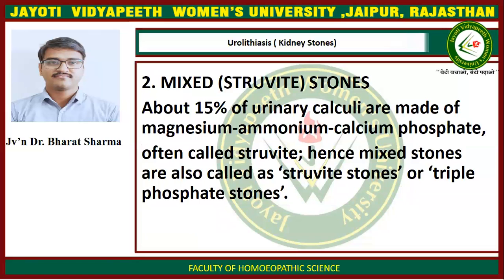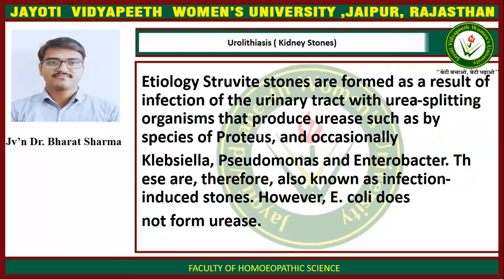Second is mixed or struvite stones. About 15% of urinary calculi are made of magnesium, ammonium, or calcium phosphate, often called struvite. Hence, mixed stones are also called struvite stone or triple phosphate stone.